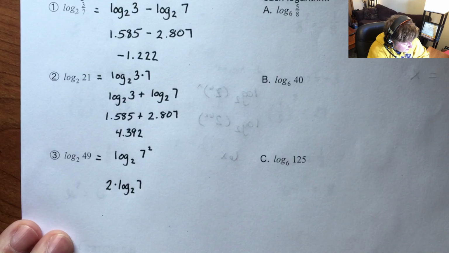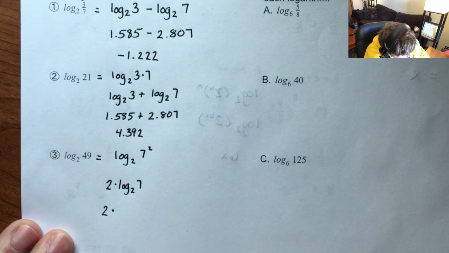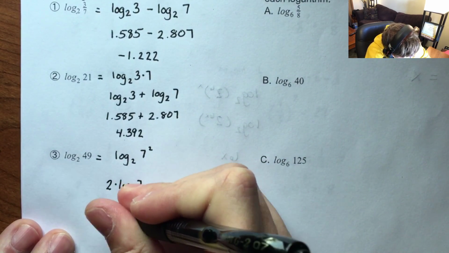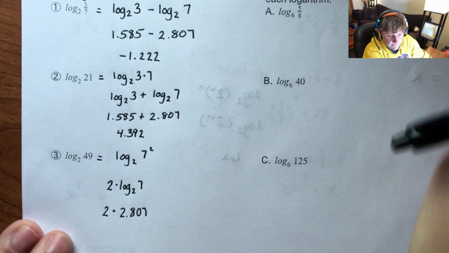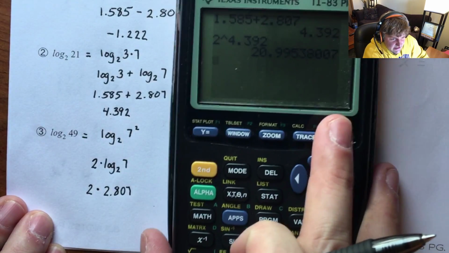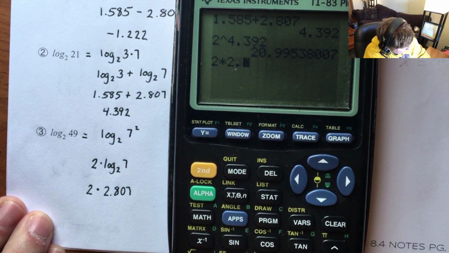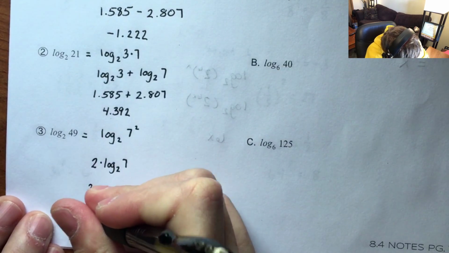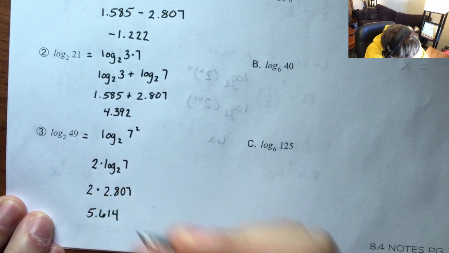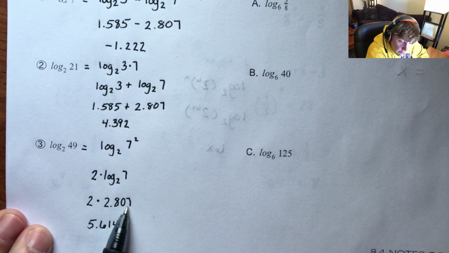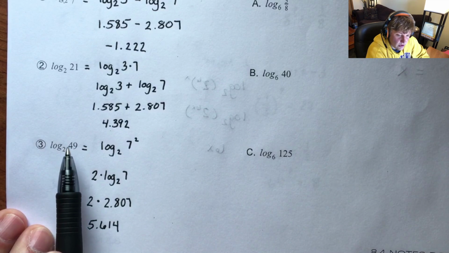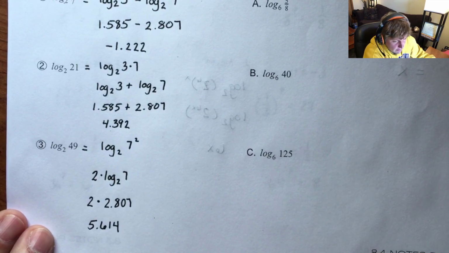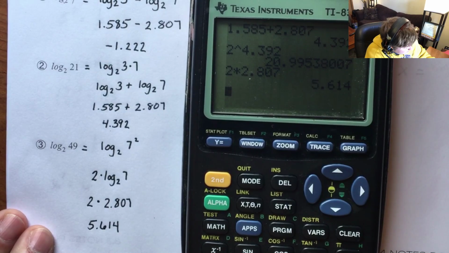Now 2 times log base 2 of 7 is about 2 times 2.807, which gives 5.614. Again, there's some error in here because of rounding, but if I take 2 to the 5.614 power, I'm going to get approximately 49.